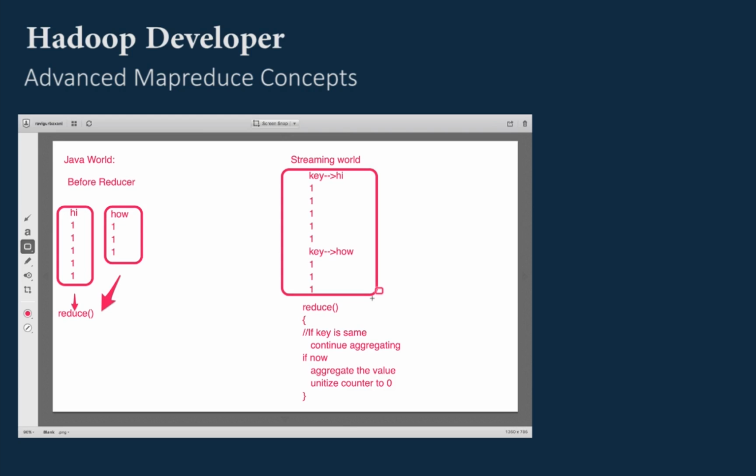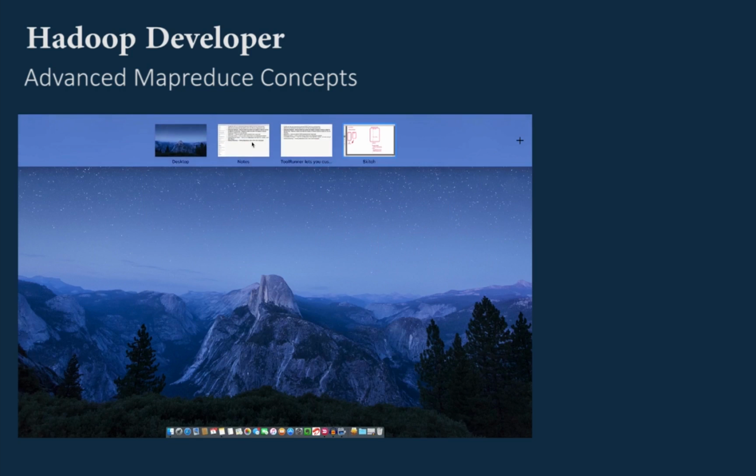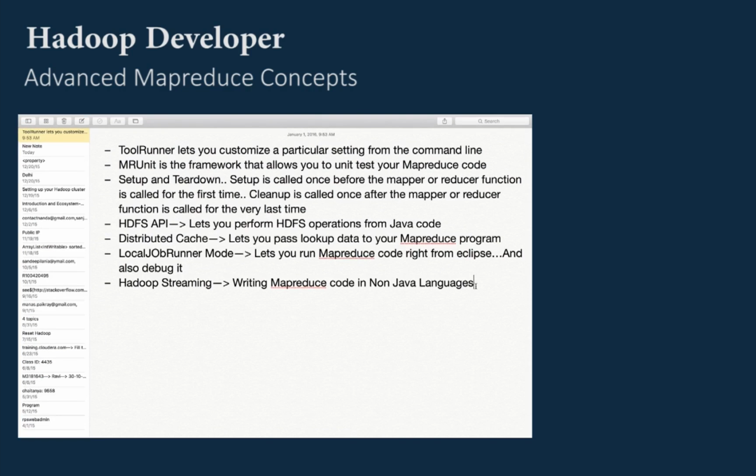Unless you have a very solid reason, such as not having the skill set in Java, just stay away from the idea of streaming. So that's the concept of streaming. Hadoop streaming lets you write Mapreduce code in languages other than Java.